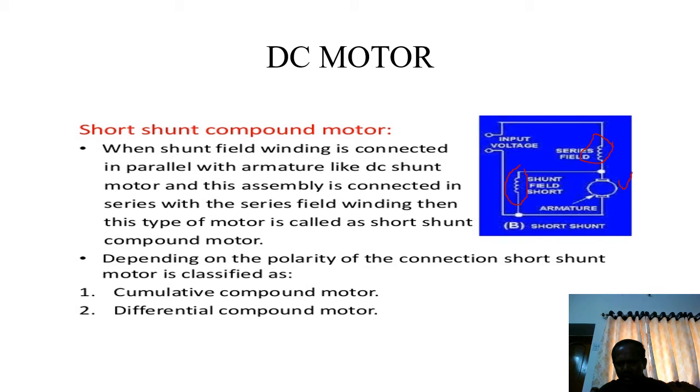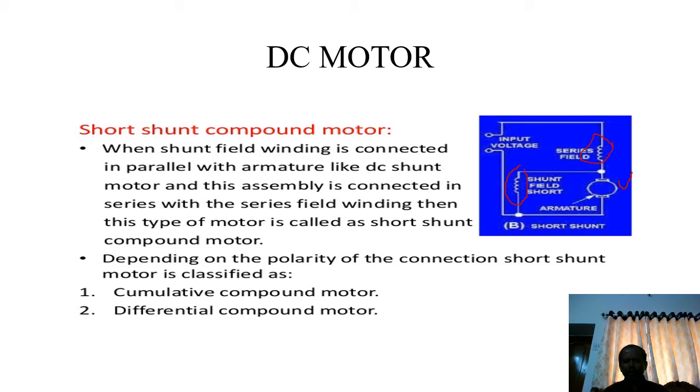So the shunt field winding is connected in parallel with the armature, but these two are connected in series with the series field winding. Across this, input voltage is applied. When the shunt field winding is connected in parallel with the armature, like a DC shunt motor, and this assembly is connected in series with the series field winding, then this type of motor is called a short shunt compound motor.